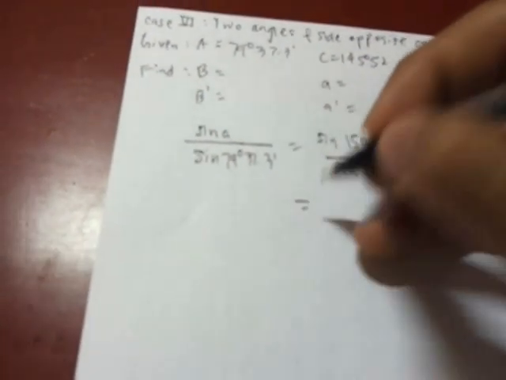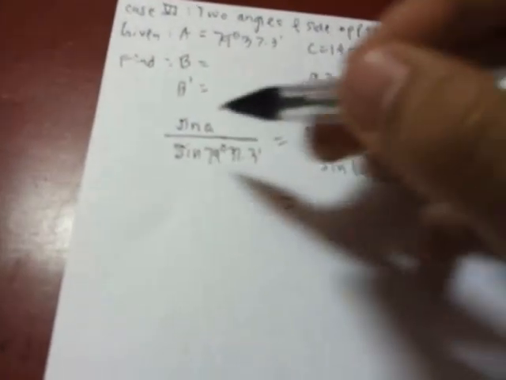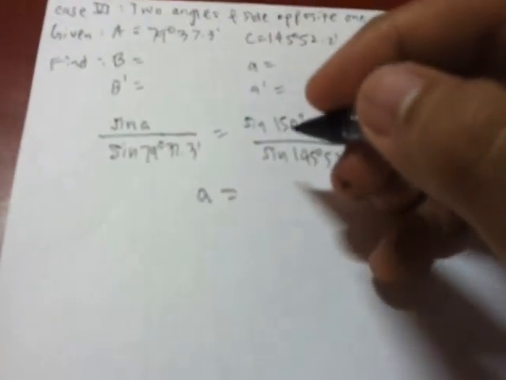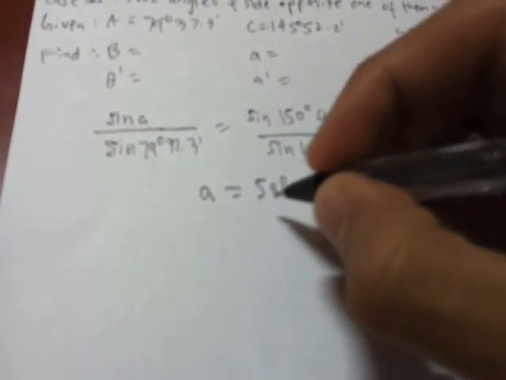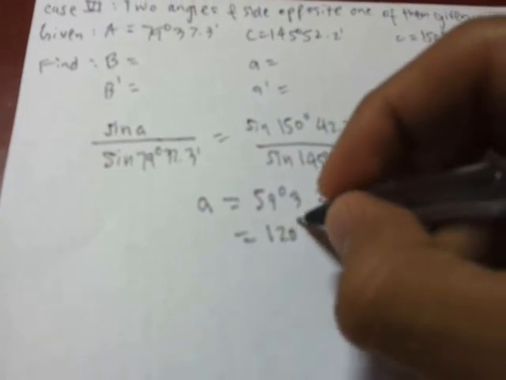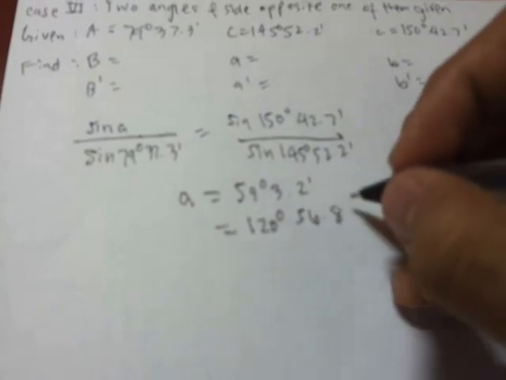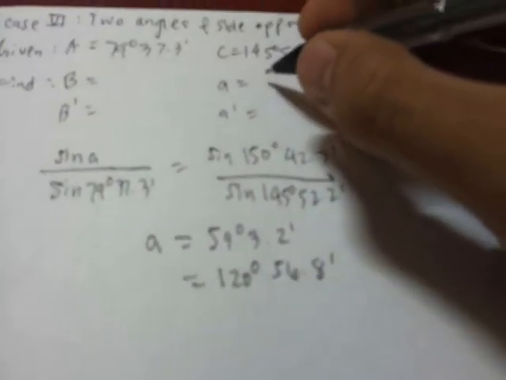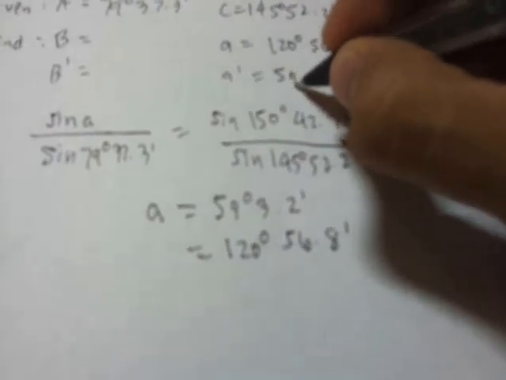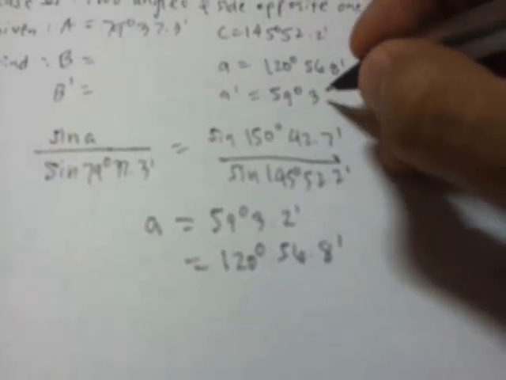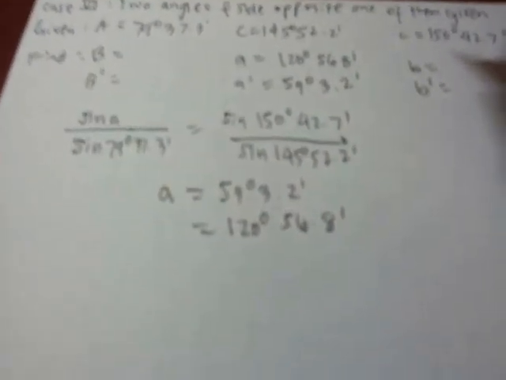And then solving for A, of course, transfer this to the other side using algebra, and then arc sine of A, you will get two values, one acute and one obtuse, the supplement of this acute angle. So let us write it down here, 120 degrees. I hope it's clear for you that when you use arc sine, you will obtain two angles, one in the first quadrant and one in the second quadrant.